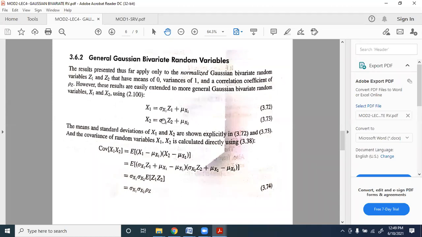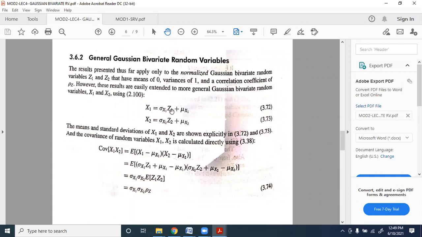Now Z1, Z2 correspond to normalized Gaussian bivariate random variables. Z1, Z2 are normalized, whereas X1, X2 are more general cases.